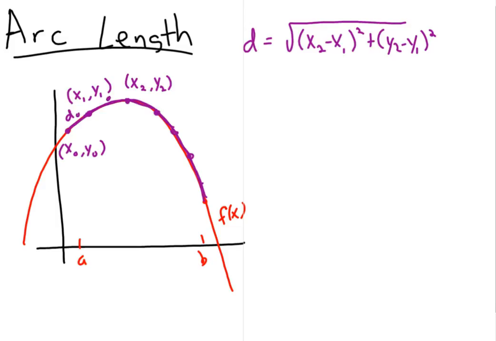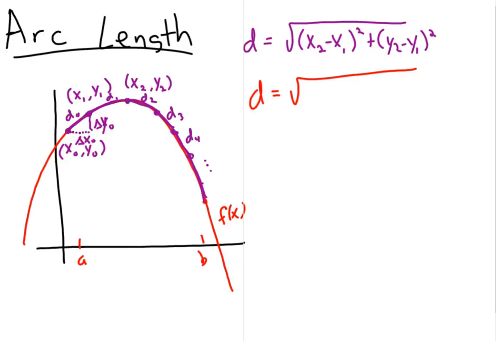Each one of those distances we call d0, d1, d2, d3, d4, and so on, however many segments we had. Something that could be helpful is, rather than worrying about x2 minus x1 and y2 minus y1, to say that the vertical distance between those two points is delta y naught, and the horizontal distance is delta x naught.